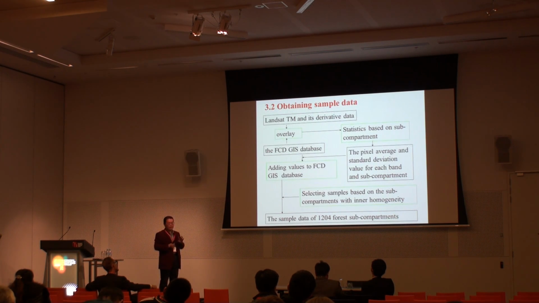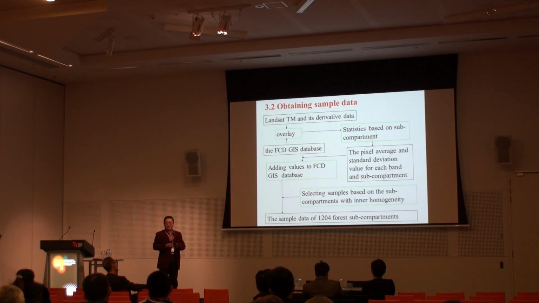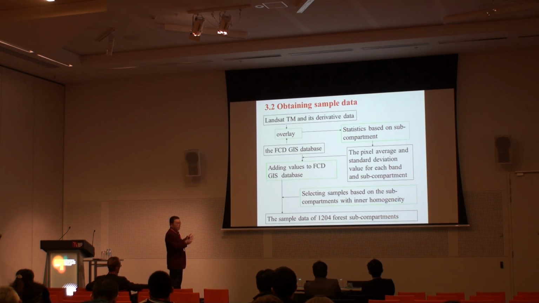The other features too: average and standard deviation value for each feature and each subcompartment, and add those values to the GIS database.